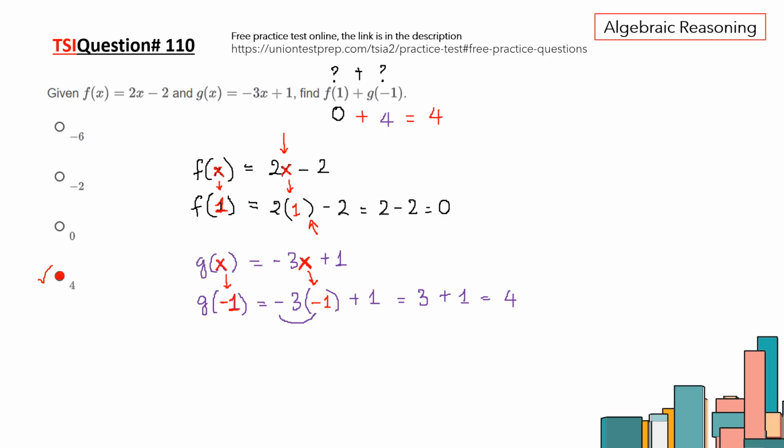The common mistake is they will write down negative 3 and then negative 1 like this. You understand this one is subtraction, not multiplication. So the parentheses make sure that you do the multiplication.